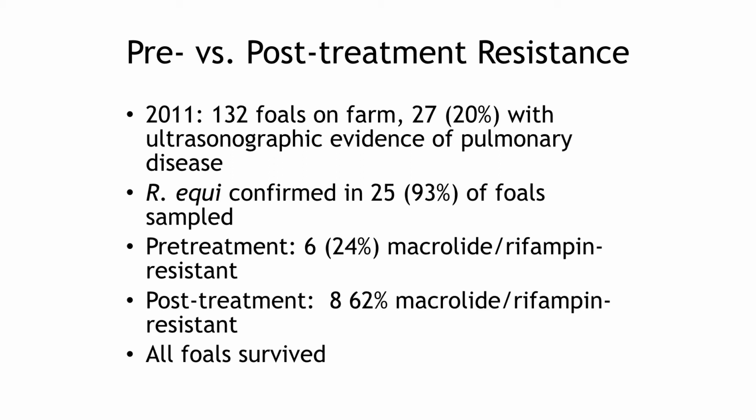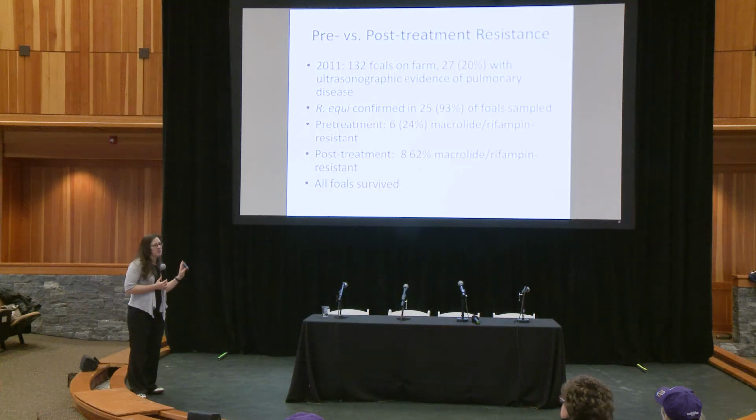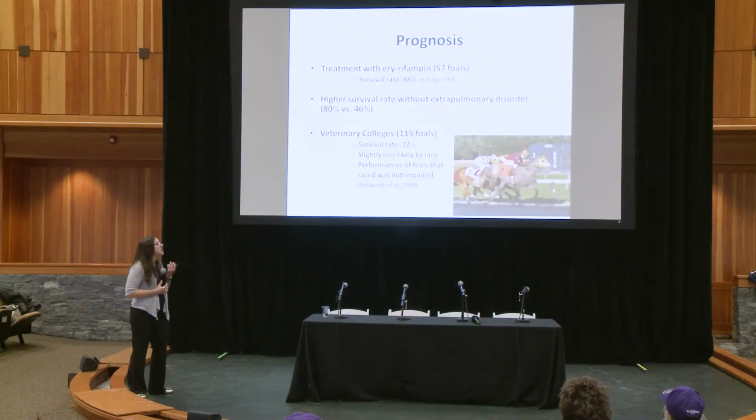After treatment, 2 weeks later, they have 62% that are resistant. In this study, all the foals survived, which is important because even though they're resistant on paper, sometimes the foals don't behave as they necessarily should based on your culture. But they clearly documented that there's an increased incidence of resistance with this type of program.